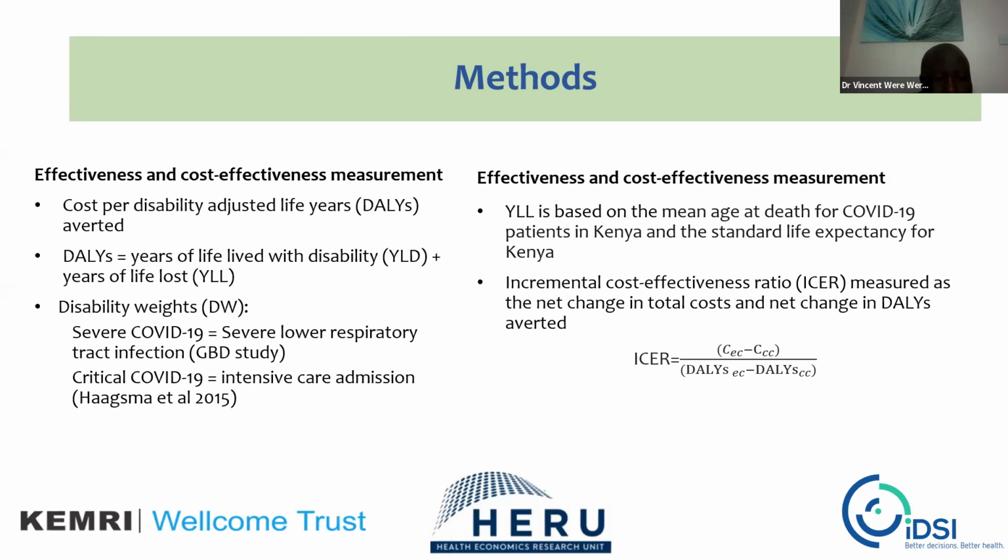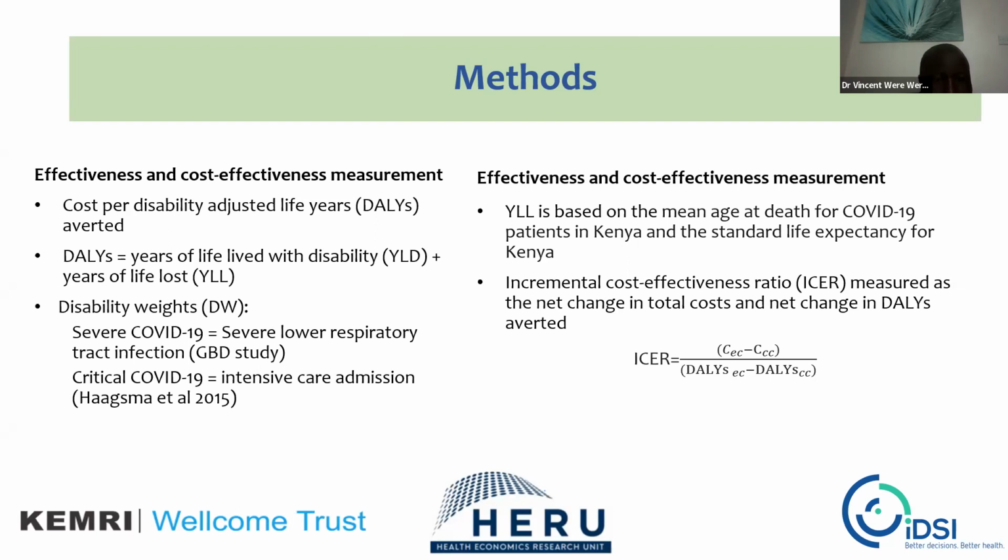Years of life lost means that if a patient has a disease and they die, they often die before the life expectancy. So if a patient dies before the life expectancy, it means that there's an amount of life that has been lost. So if you have an intervention that is trying to avert that amount of life, then that intervention is going to be assessed for years of life lost.